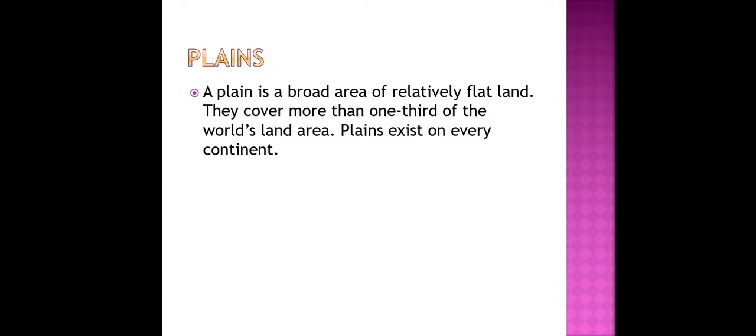Plains cover more than one third of the world's land area. So, after mountains, plains are the landforms that cover most of the area of the earth. Plains exist on every continent. These are the most fertile regions, stretches of largely flat land, most suitable for human habitation on the surface of earth.